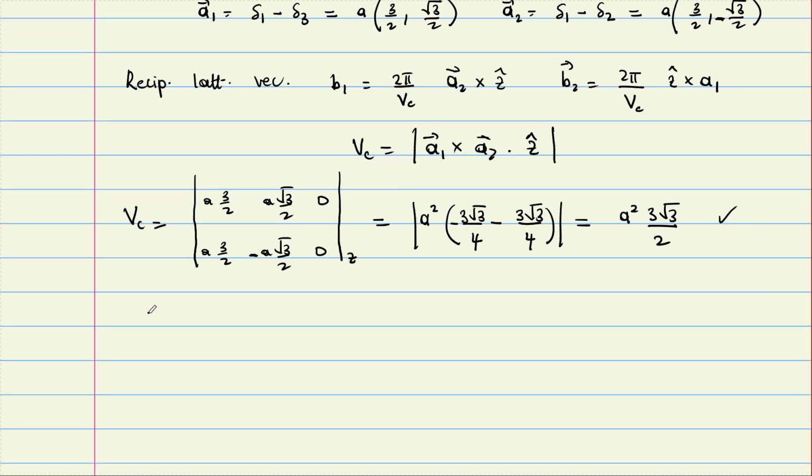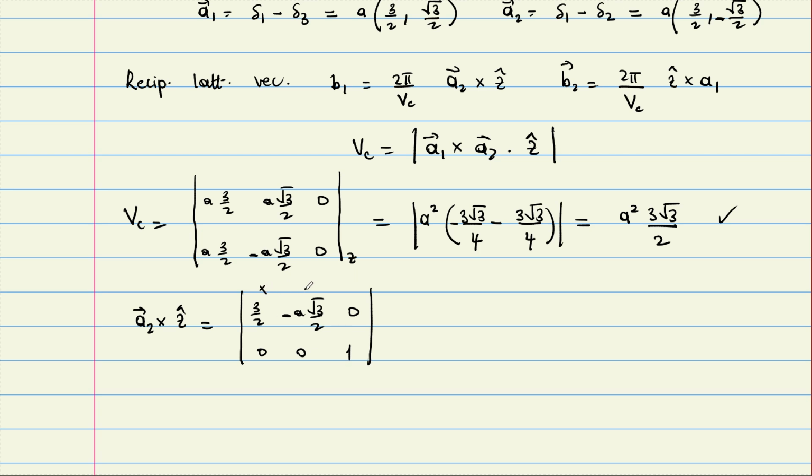Now I want to calculate A2 cross Z. A2 is, I think, this one, and Z is 0, 0, 1.